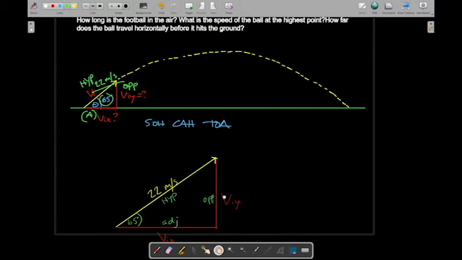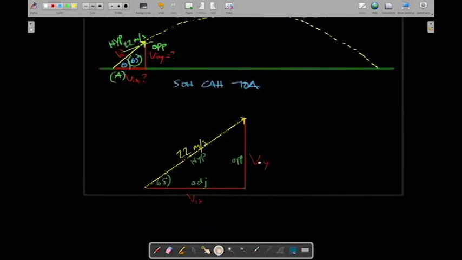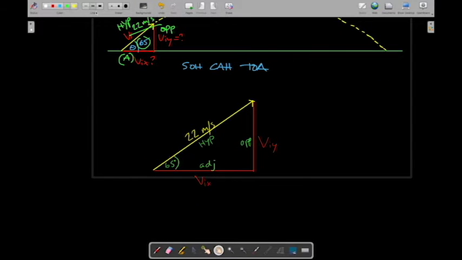So this is a magnified replica of the triangle that you're seeing right here. We're asked to solve for our V initial X and our V initial Y. I'm going to start first by solving for our V initial X, so we're technically trying to solve for our adjacent. Going back to my SOHCAHTOA mnemonic, it looks like I'm going to use cosine, because cosine calls for cosine theta.